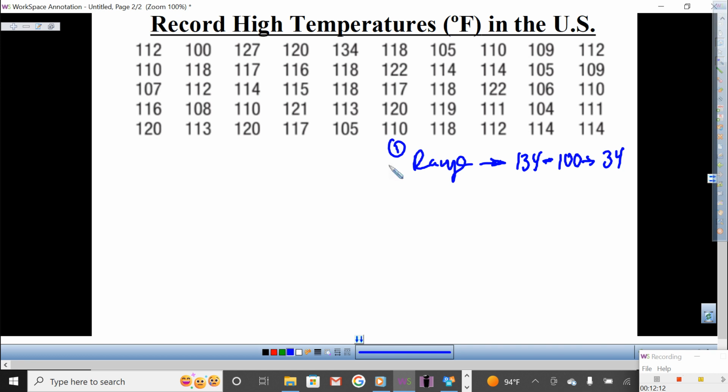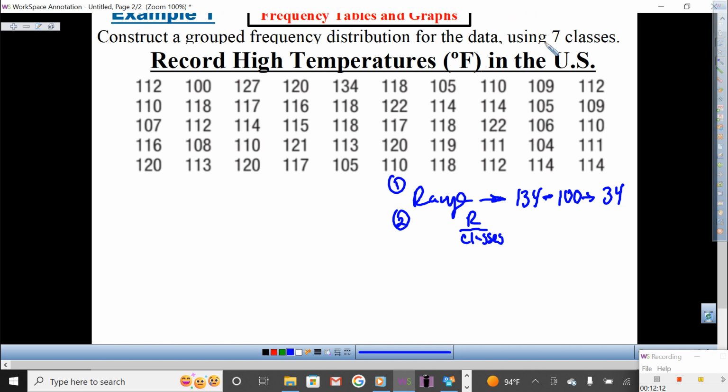Step 2, we need to identify the width of the classes, how much it goes from one class to another. Remember last time there was a significant amount from one to the other going downward? So how do we do that, Mr. Q? Well, we're going to take the range and divide it by the number of classes. Did they tell us how many classes? How many? 7.